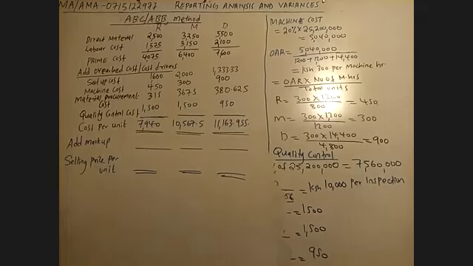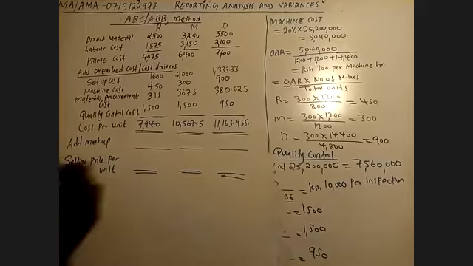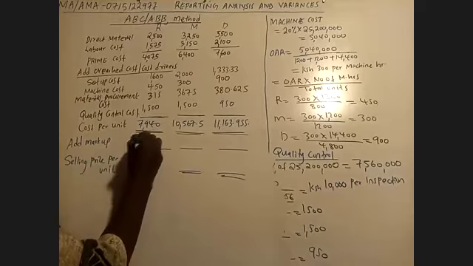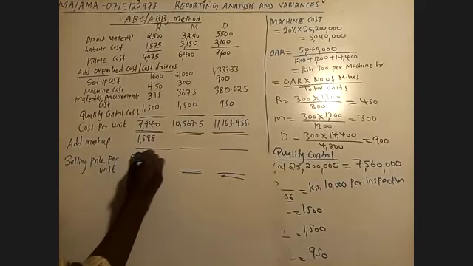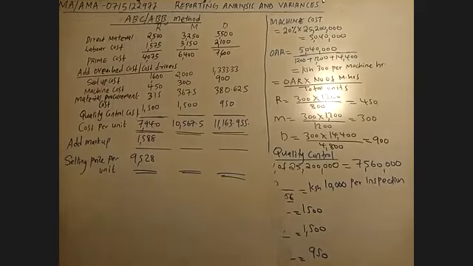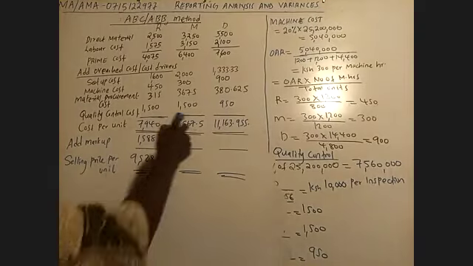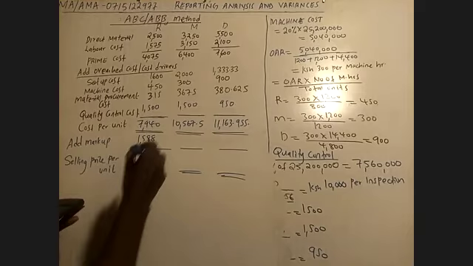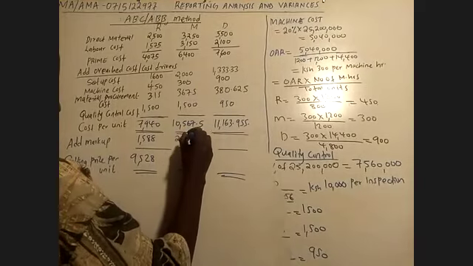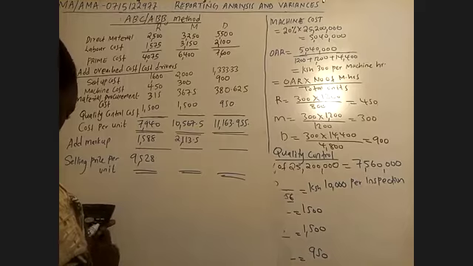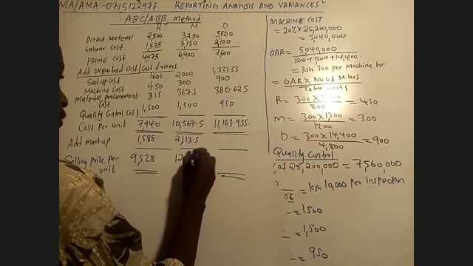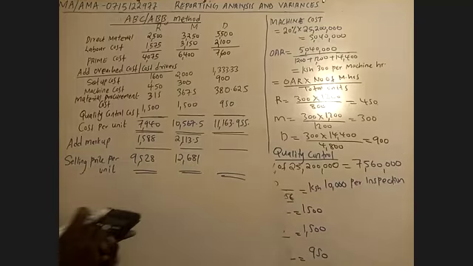Now I apply 20% to 7940: times 0.2 is 1588. 1588 plus 7940, 9528. That is the selling price. Then 20% of 10,567.5 is 2,113.5, so plus 10,567.5 is 12,681. That is the price that we need to charge.